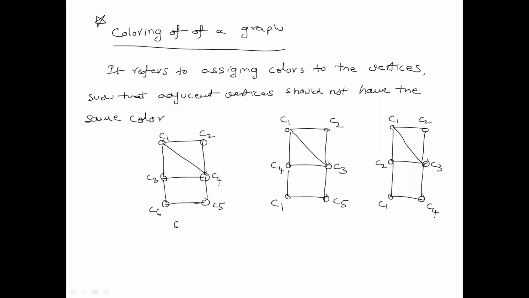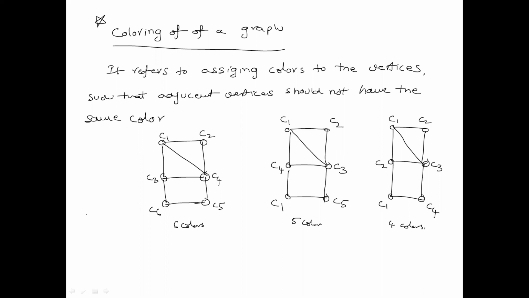Here I used 6 colors, here I used 5 colors, here I used 4 colors. That means coloring means basically you assign colors to the vertices such that adjacent vertices should not have the same color. But at any time, we always think about the minimum number of colors required, right?